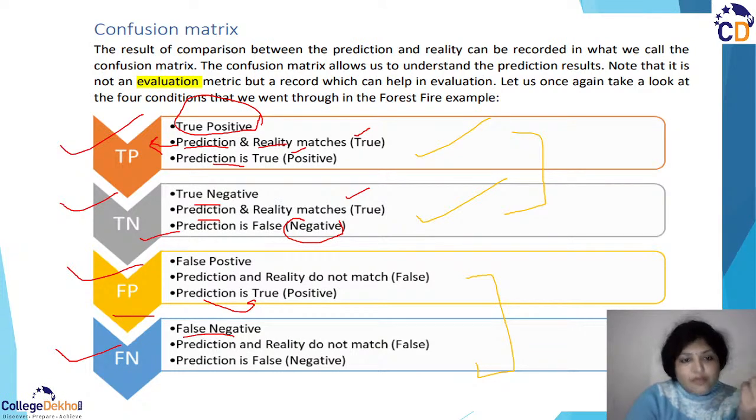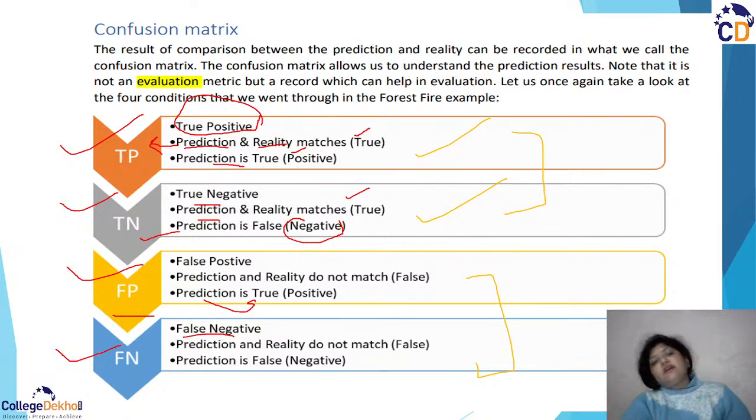Now what would happen? Yes, it leads to an error, and that error needs to be checked, right? So from the false positive and false negative part, we are going to understand the error part. So we have assumptions on how to have type 1 error and type 2 error.